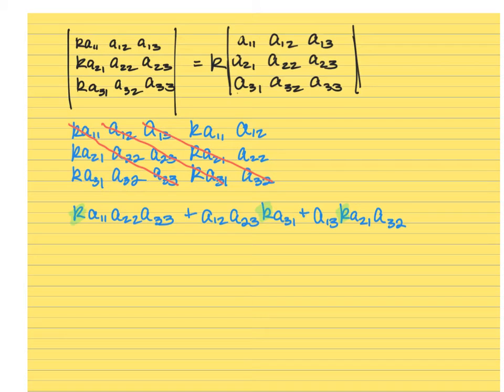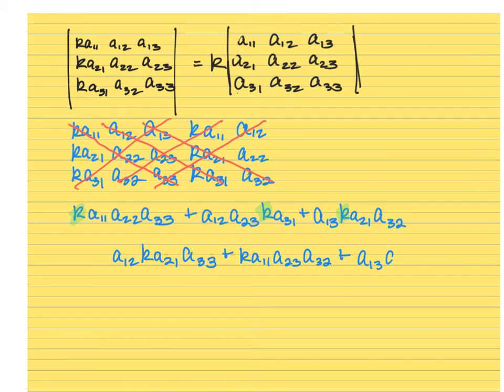But now we're not quite done, of course. We have to go the other direction, multiply down that direction: A sub 1,2, k, A sub 2,1, A sub 3,3, plus, hit this next diagonal right here, k, A sub 1,1, A sub 2,3, A sub 3,2, plus, down this diagonal right there, A sub 1,3, A sub 2,2, k, A sub 3,1.